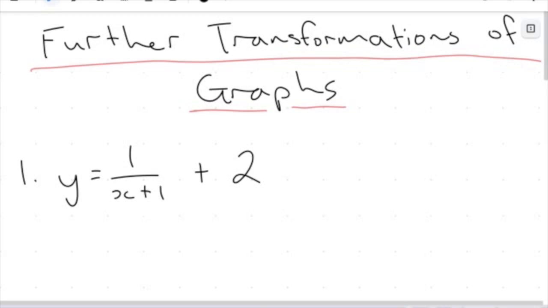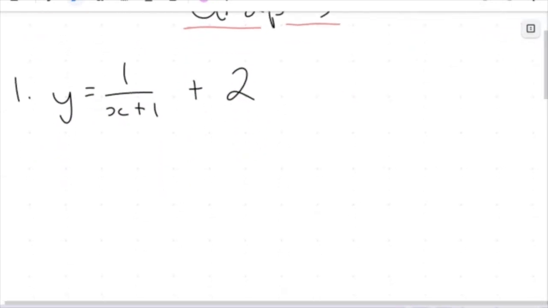Now, we're particularly looking at translations in this video, as you can probably see, particularly in this first equation here. Now, let's just get straight into it here.